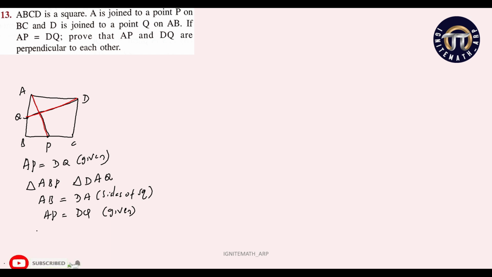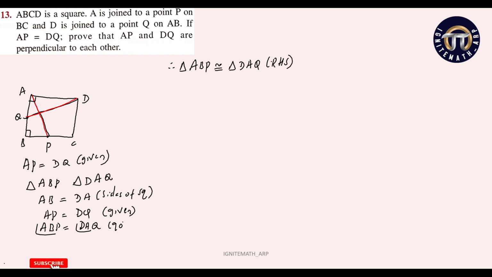Then I can say that angle ABP is equal to angle DAQ. Both of them are 90 degrees. Clear? So using RHS congruency, I can say triangle ABP is congruent to triangle DAQ by RHS congruency.